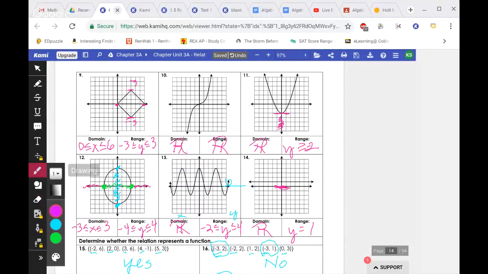This is the lowest that the Y dips, the graph doesn't dip any lower than that. So that's going to be this side of the range. But the Y's don't go any higher than this. So that's going to be this side of the range.